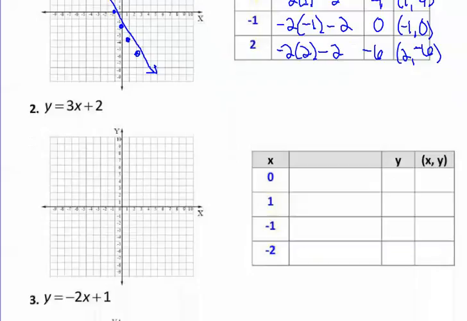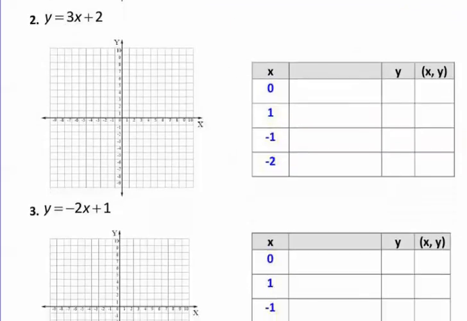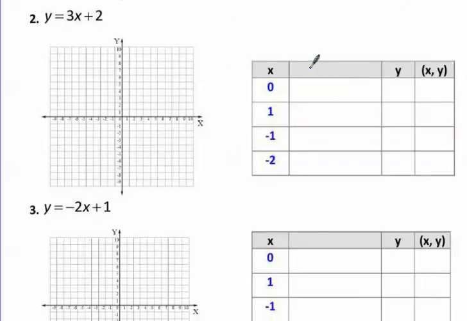Let's try one more together. This is for your work column. So you get 3 times 0 plus 2. 3 times 0 is 0, plus 2 is 2. My coordinate point will be 0, 2.